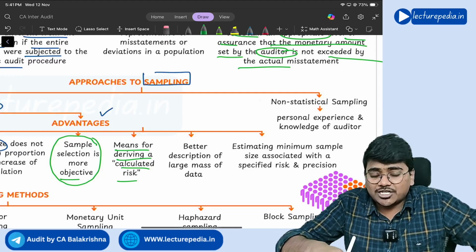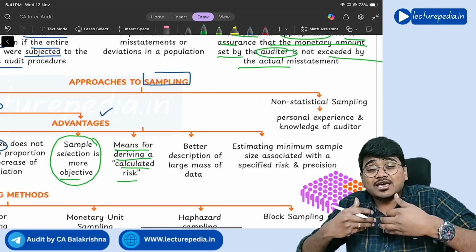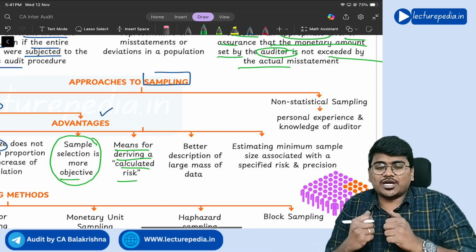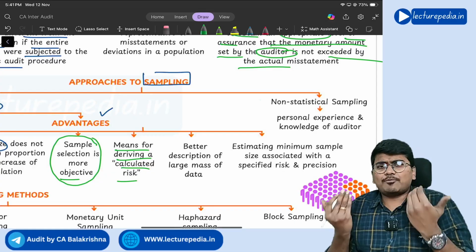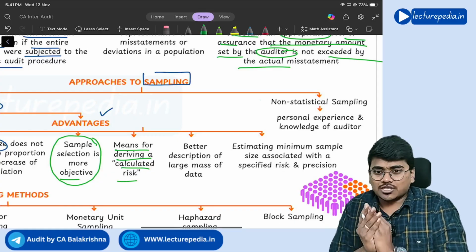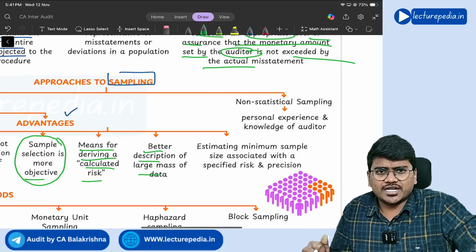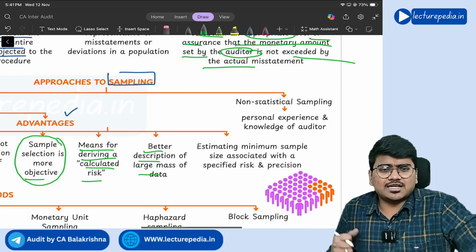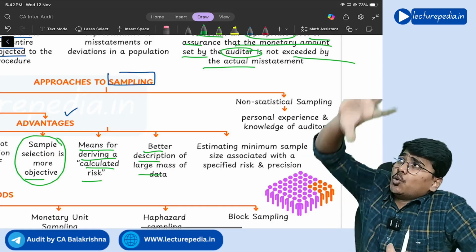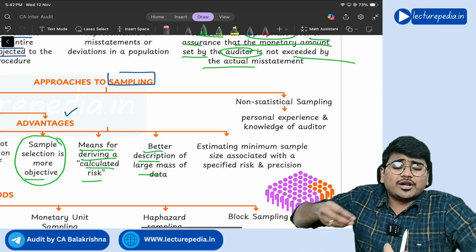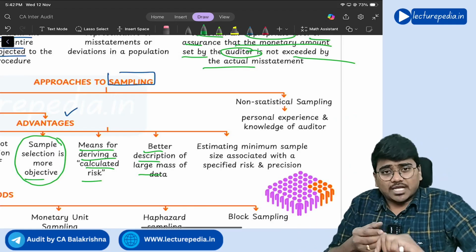In order to reduce the risk, how much the sample size should be increased, like this you can make a calculated decision with the help of statistical sampling, since it is completely based on formulas. And it gives a better description of a large mass of data. So by using statistical sampling, you can get a clear idea of a huge population by performing audit procedures on just some of the sample. Getting it?